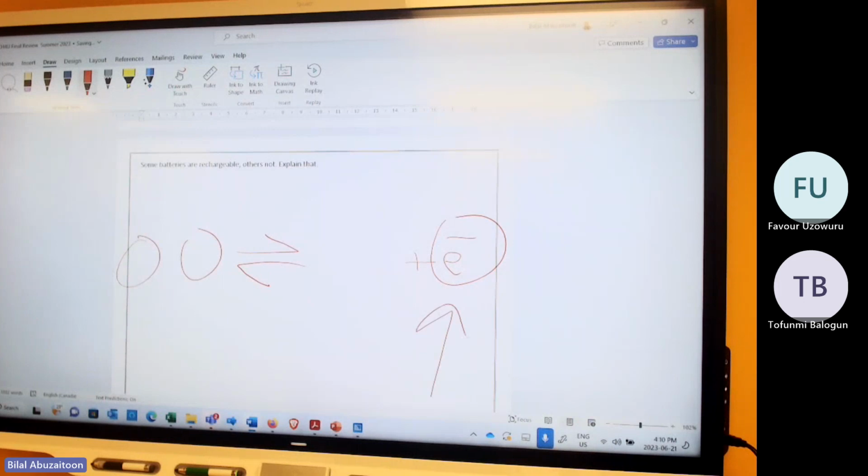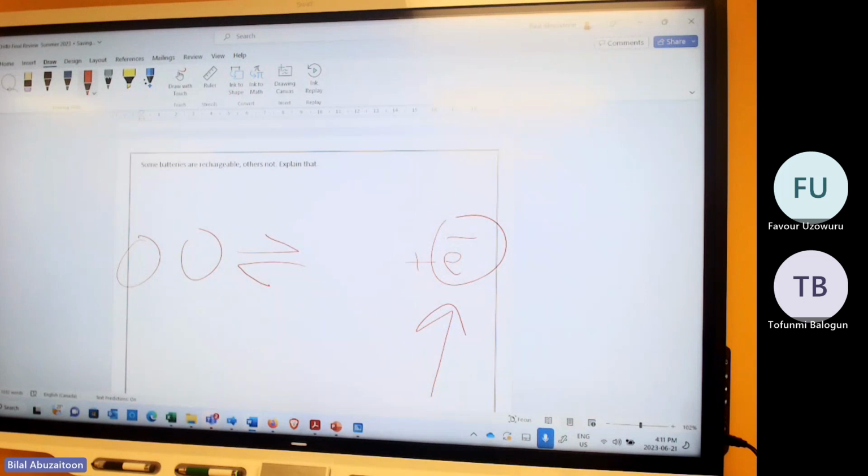When you add, the equilibrium shifts away from the addition towards reproducing the reactants. So recharging the battery means you are reproducing the reactants, once we get the maximum amount of them, not all of them, because over time we start losing some. So the maximum amount of reactants means it's fully charged.